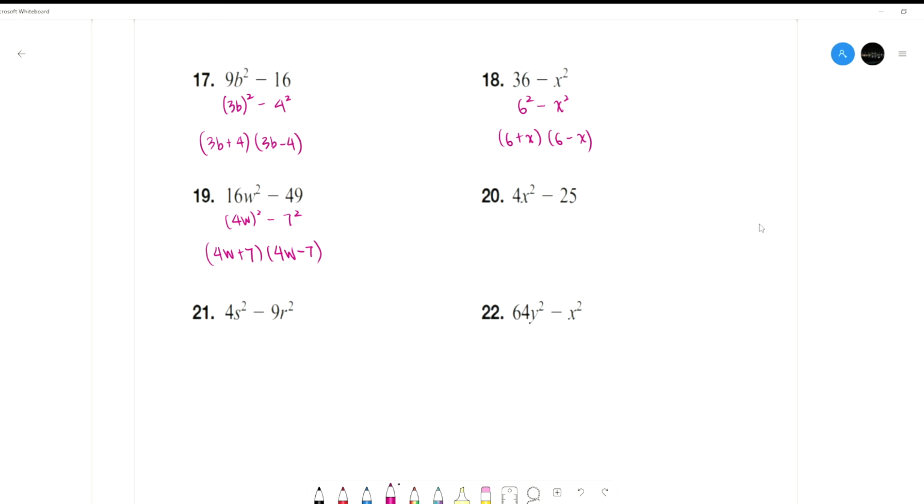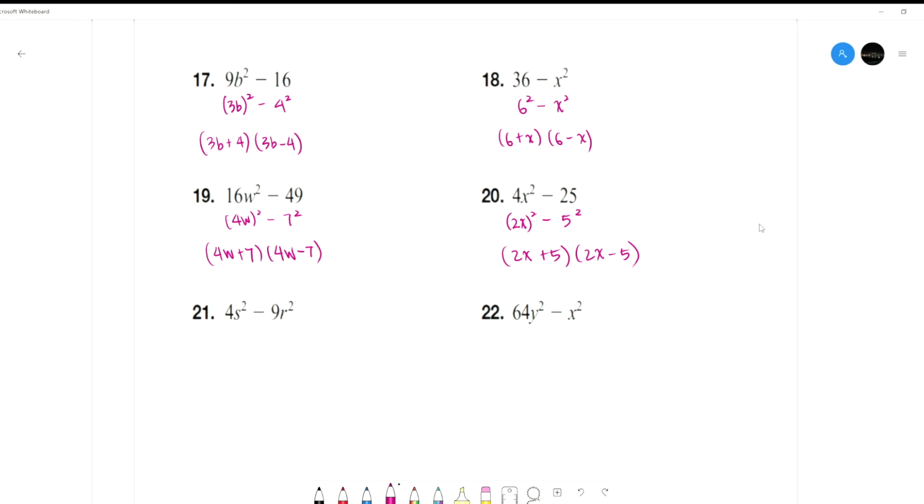Alright, number 20. We have 4x squared. That's what? That's 2x, right? Squared. Minus 25 is 5 squared. So that gives us (2x plus 5) times (2x minus 5). Okay, number 21. 4s squared minus 9r squared. So two terms, right?